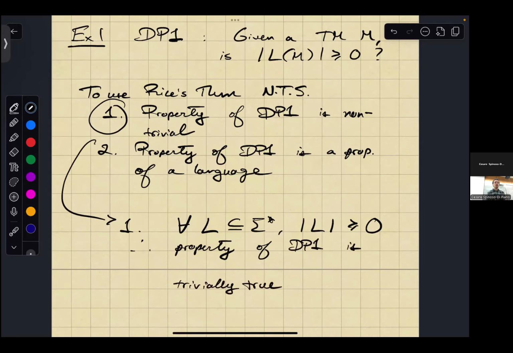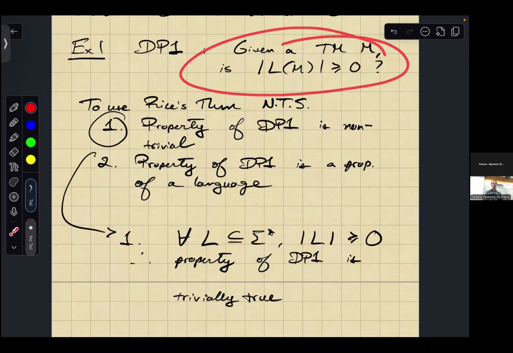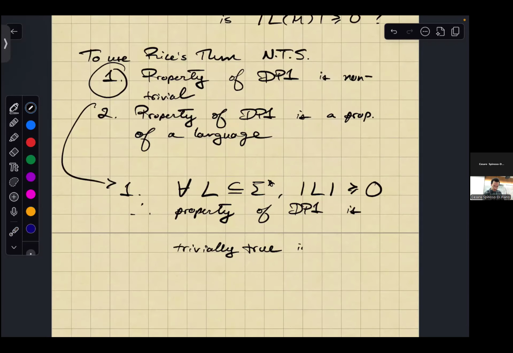In fact, that actually means that this decision problem is decidable. I can create a decision procedure that decides it. I just create a Turing machine that always says yes. No matter what the input, I should always say yes, which is a very simple Turing machine to design. So it's decidable. Here's a Turing machine that decides it.